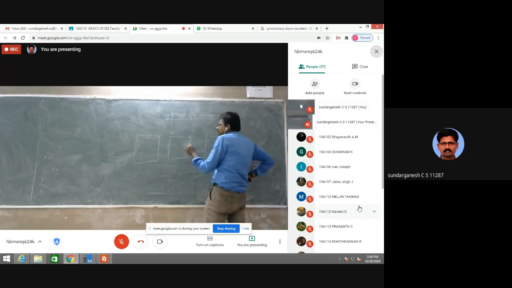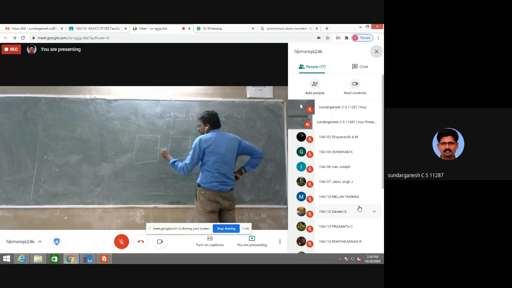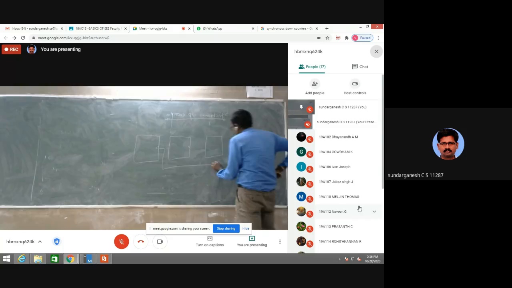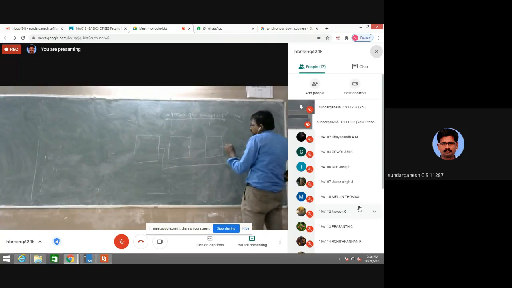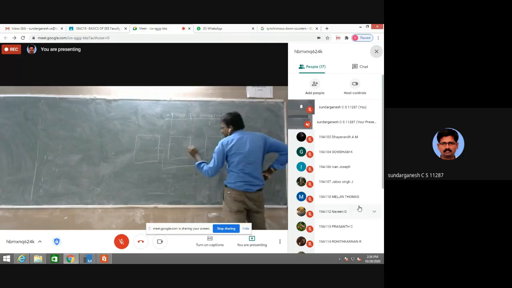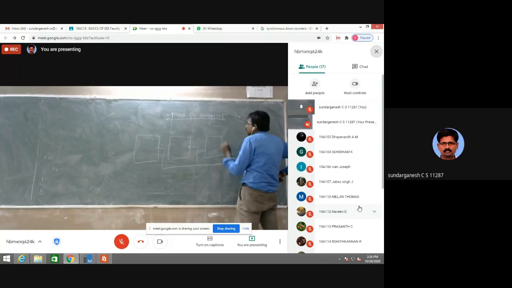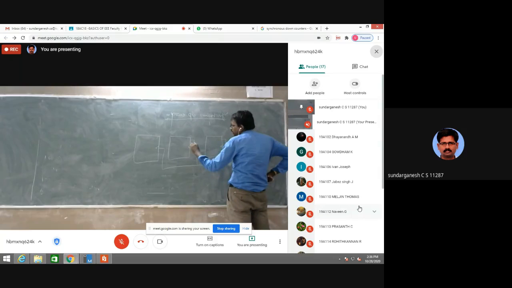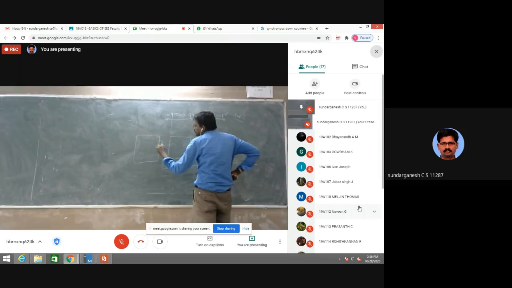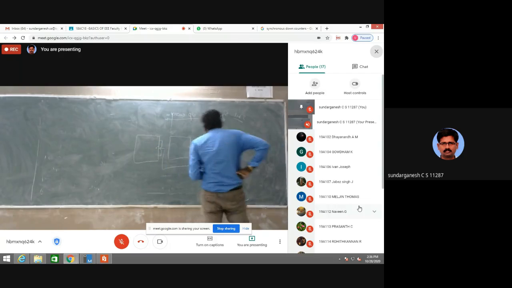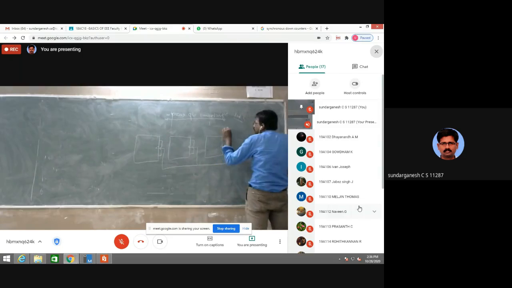In this case, the clock is common. For a synchronous counter, the clock is common. Since the clock is common, we are calling it synchronous. Here J and K are connected together. For the first flip-flop, the input is connected to plus 5 volt.